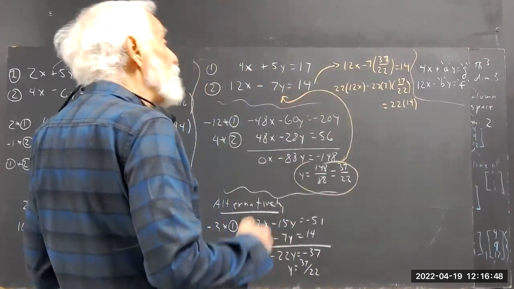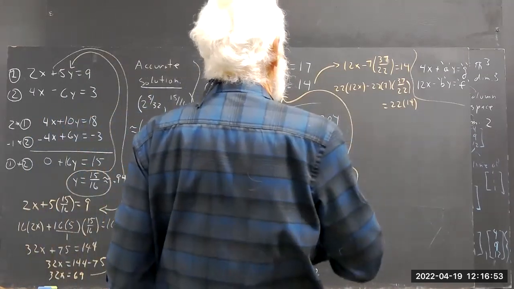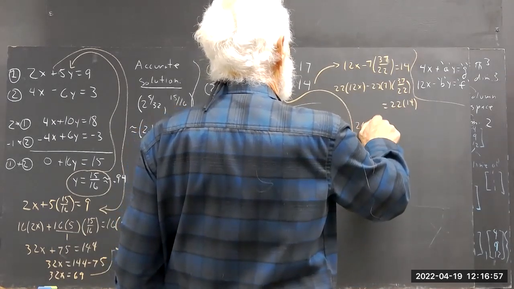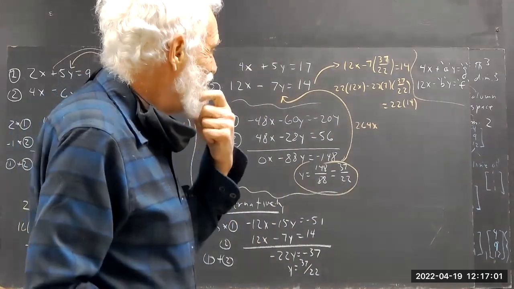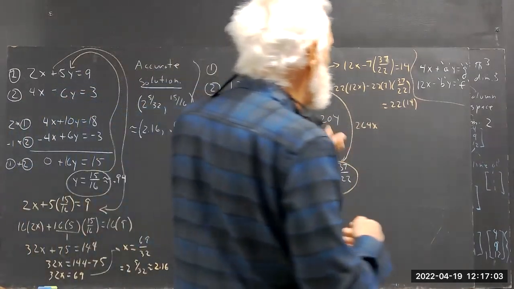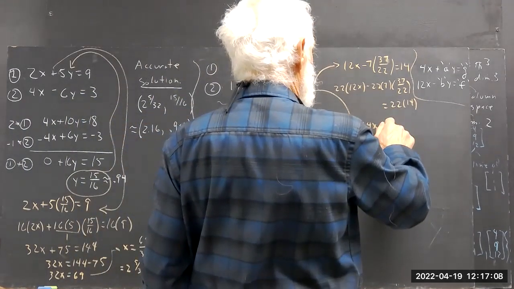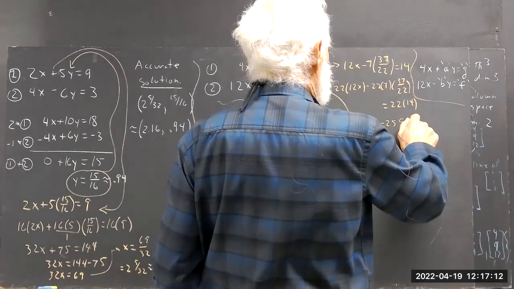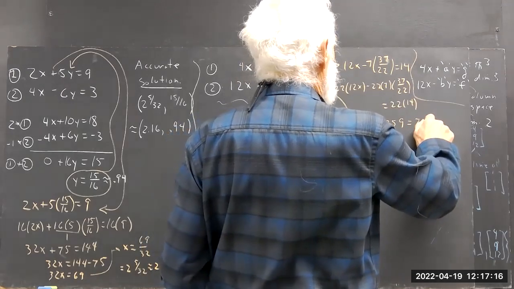Okay, 22 times 12x is 240 plus 24 is 264. Boy, I hope I did that right. 264x, maybe. Okay. And 7 times 37 is 210 and 49, which is 259. And 22 times 14 is 280 and 28, which is 308.